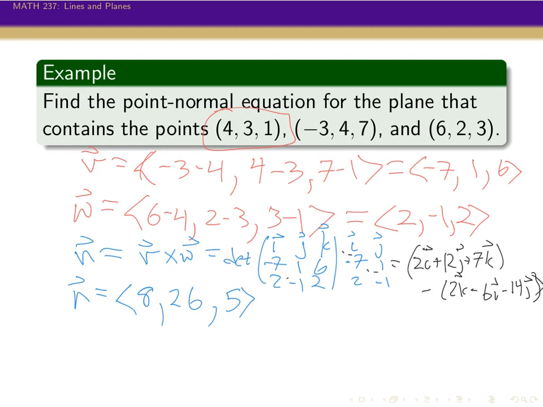So then putting this together, let's use the point (4, 3, 1) again.